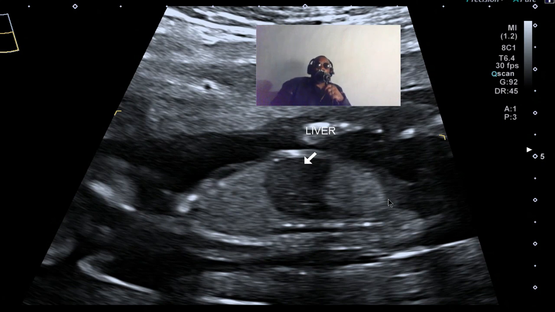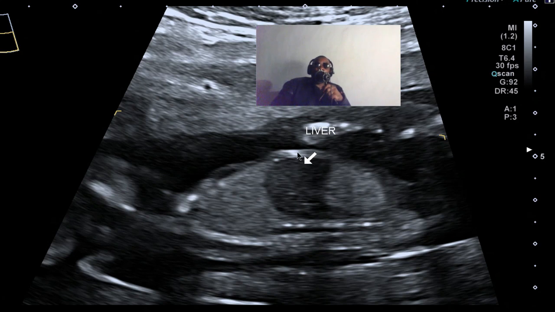At this stage, a recommendation is made to have a detailed ultrasound scan or an anatomy scan at 20 to 23 weeks to see if indeed this is an organ disproportion or enlargement of the fetal liver, and also to check for other presenting pathologies.